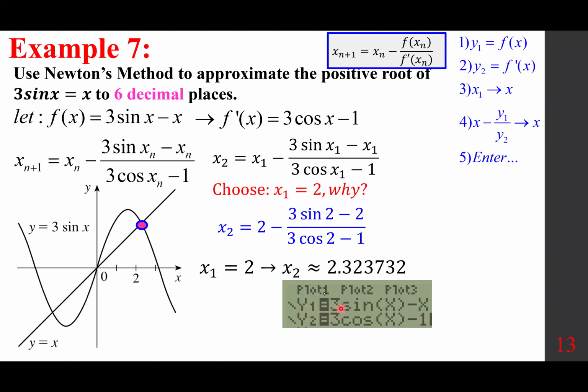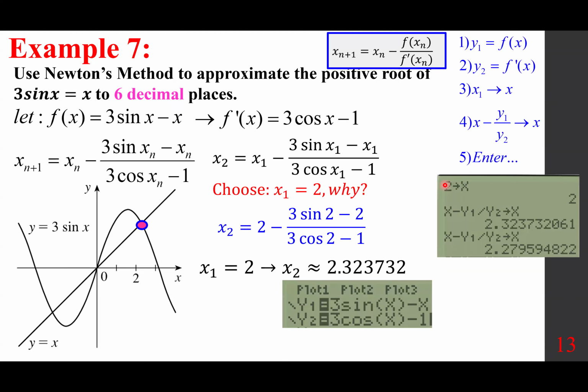Y1 is f of x, 3 sine x minus x. F prime is y2, 3 cosine x minus 1. The first choice was 2. So store the 2 in x, and then x minus y1 over y2. Okay. And enter, and enter, and enter. So x sub 3 is this number.